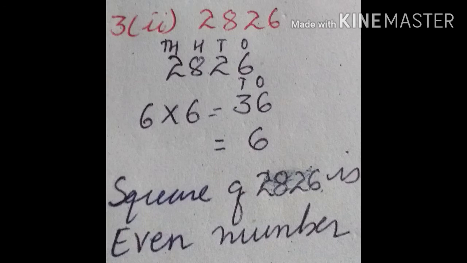Again we have to identify the place value, that is ones and tens. What is in the ones place? 6. Is 6 odd or even? Even. So the square of 2836 is also an even number. Likewise, do the other two questions yourself.